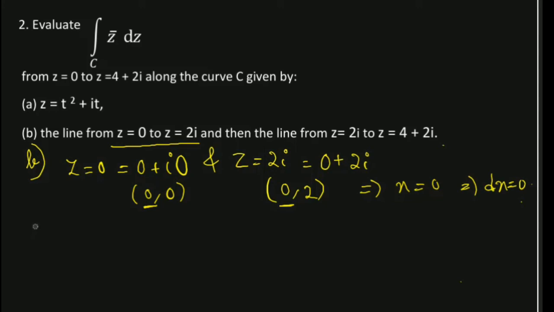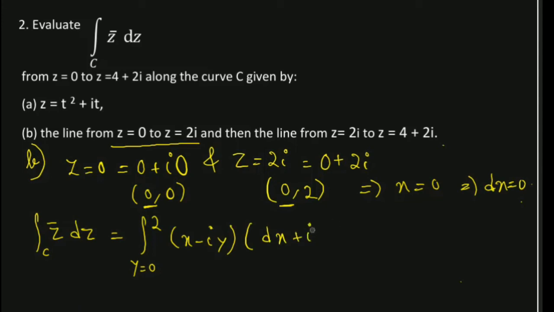So the integration over C of z bar dz is equal to the integration with y going from 0 to 2. z bar is x - iy, dz is dx + i dy. Now we know that dx = 0, and x is also equal to 0, so this is the integration from 0 to 2 of -iy times i dy.